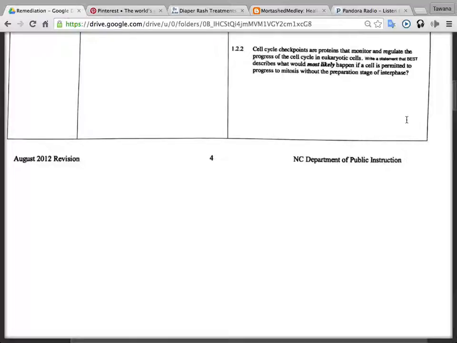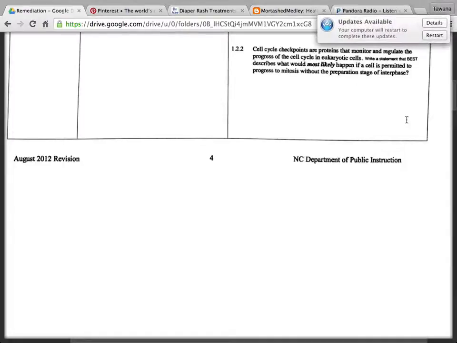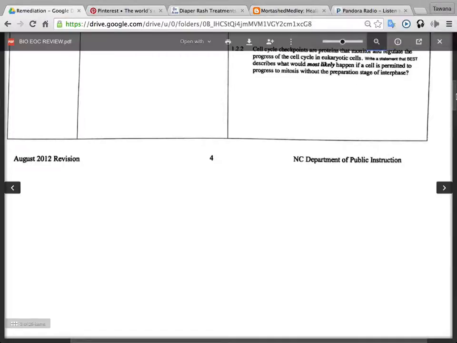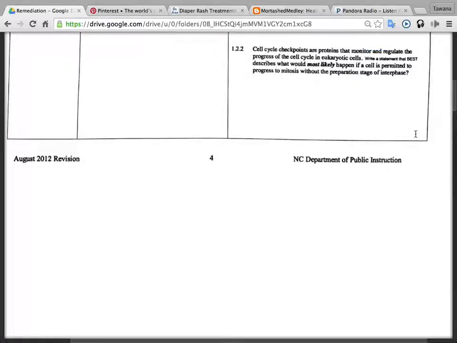So what is this asking? Not if they didn't go through interphase, if they didn't go through what? Without the preparation. Here's what we need to fix.